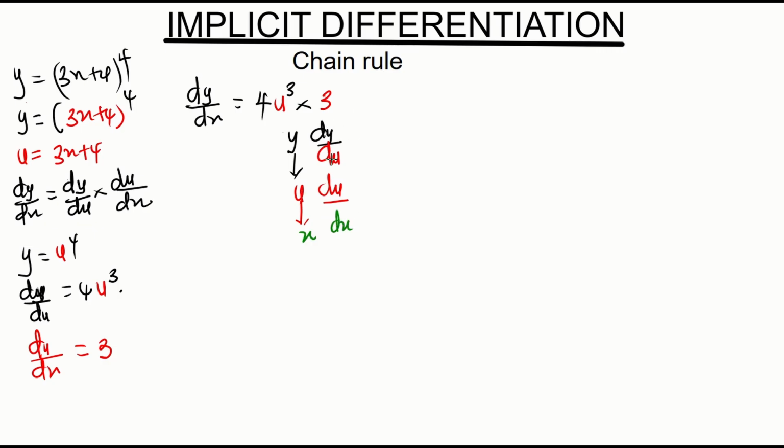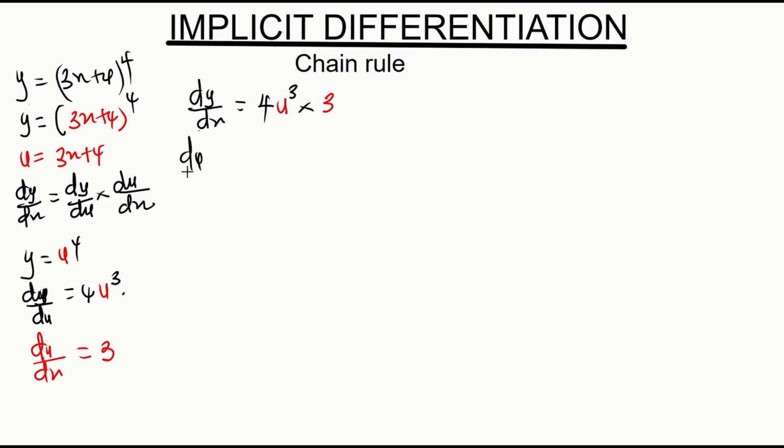So this is the pattern we are now going to follow. Now my dy dx is 3 multiplying 4, which gives 12u to the power 3, where my u is 3x plus 4. So this is going to be 12 times 3x plus 4, all to the power 3.